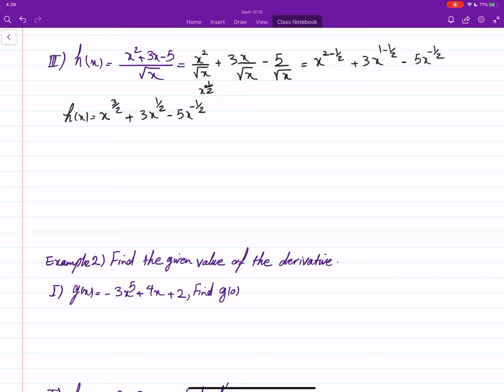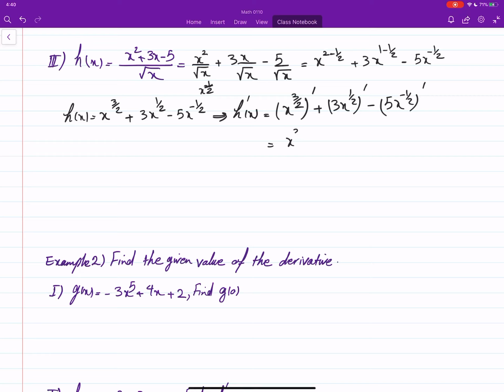So this is sums of constant multiples of powers. That is what I like, because I know how to differentiate those kinds of objects. First, apply the sum rule. So we have to find the derivative of each one and then add or subtract. And then we have the power rule and constant multiple.